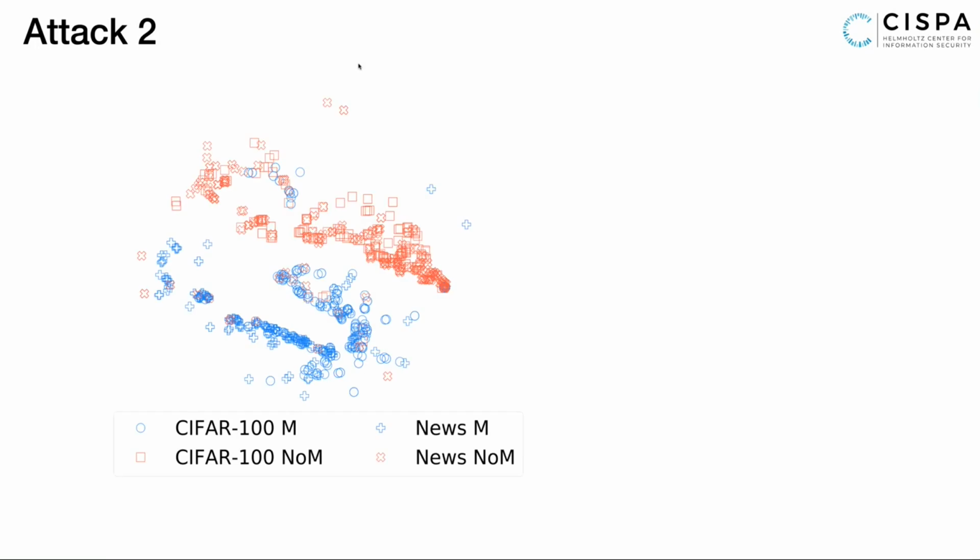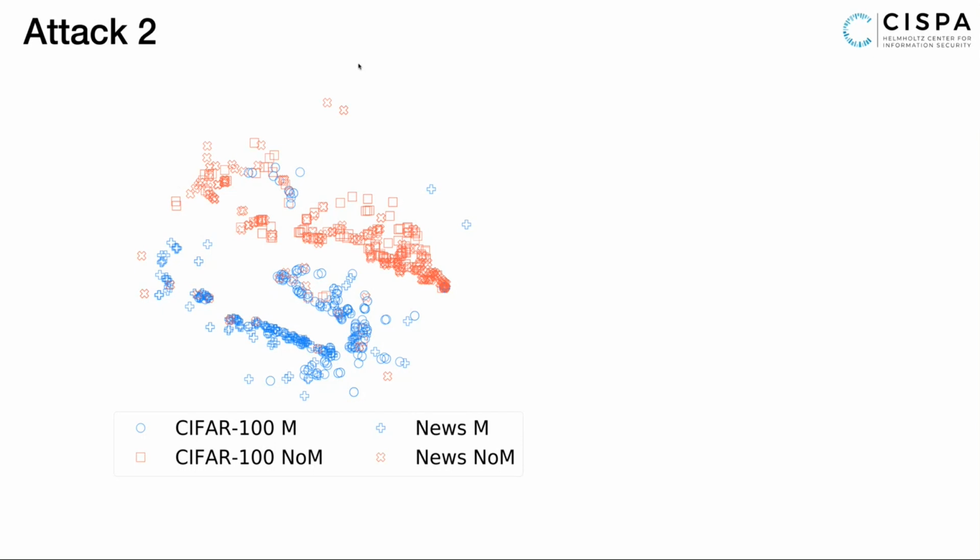Now let's dive into a little more detail to see why this attack can work. Recall that the input of the attack model is not the image or the text itself. You need to feed the image or the text to the shadow model or target model, and you get the prediction confidence, the posterior, and the posterior is the input to the attack model.